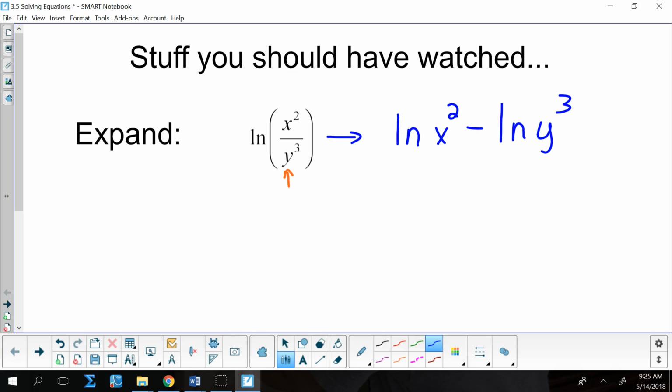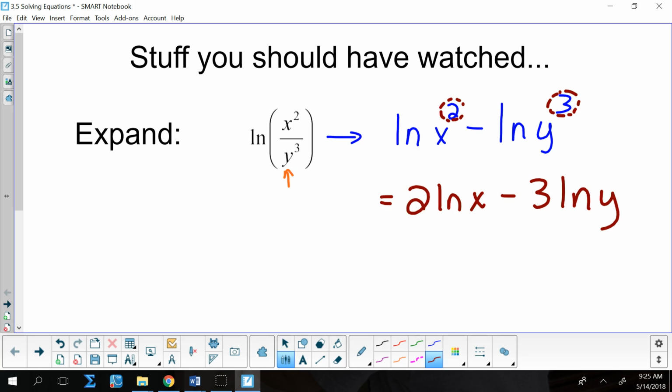So I've expanded using my quotient and product properties. I do that first when expanding, and then I apply the power property. This 2 and this 3 are exponents in the argument, so they can come down in front, and that is my expansion.